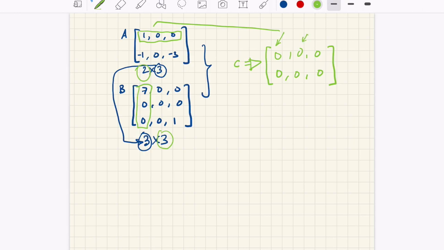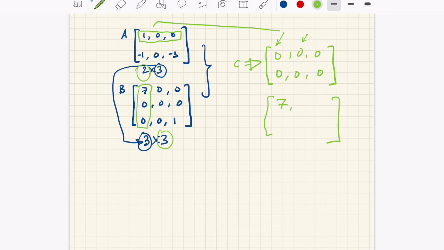What about this one? Let's quickly solve this using that thought process. The first one is 7 times 1, 0 times 0, 0 times 0. So that's 7. Then the next one is 0.